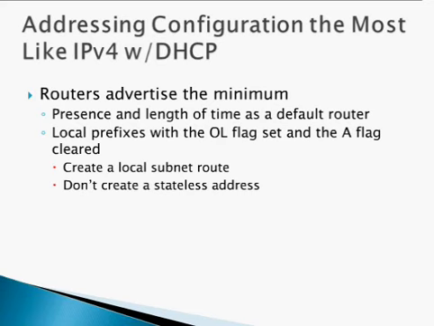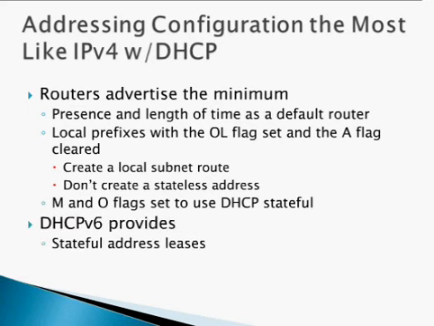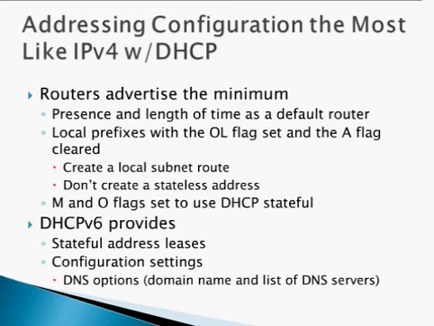Let DHCP do everything. And also set the M and O flags so that the host knows to do DHCPv6 stateful, so both addresses and configuration options. DHCPv6 will provide stateful address leases and any additional configuration settings like DNS, domain name, servers, and so on.